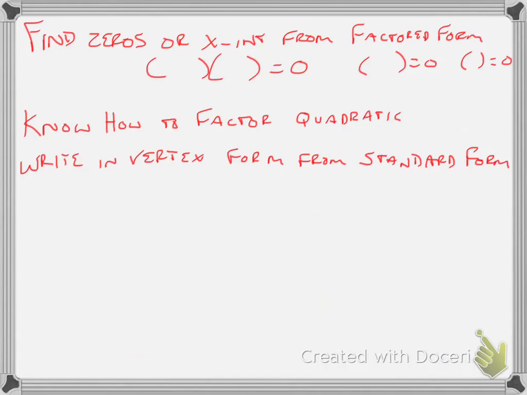You need to know how to write in vertex form from standard form. And you're going to be completing the square to do that. You first get it in x squared plus bx and group them.